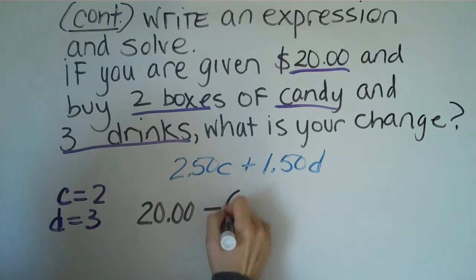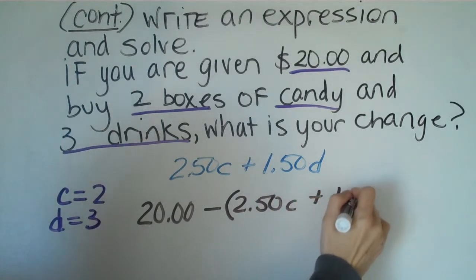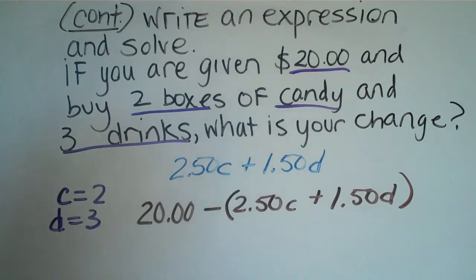So you're going to subtract $2.50C plus $1.50D, because we're trying to calculate our change.